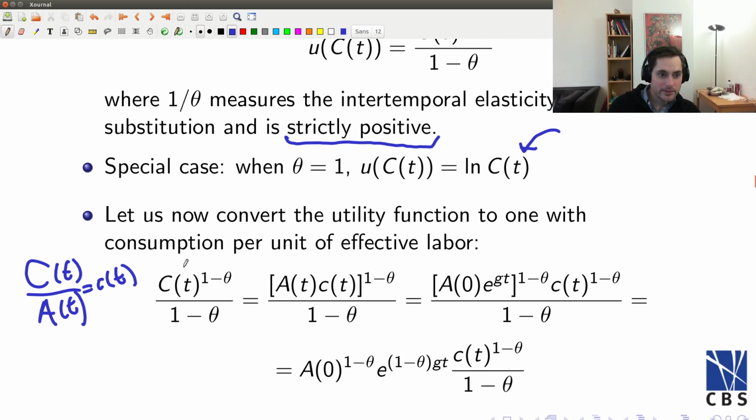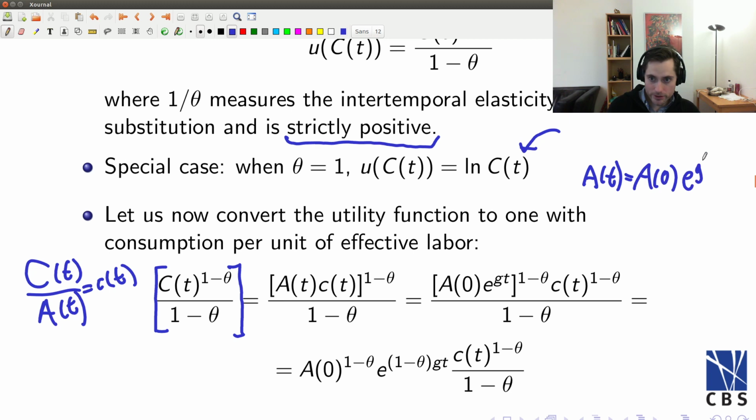So anyway, let's look at the utility function itself. It looks like that. Now, by this definition here, we can replace big C_t with A_t times little c_t. We know how A_t grows. A_t is equal to A_0 times e to the power gt.